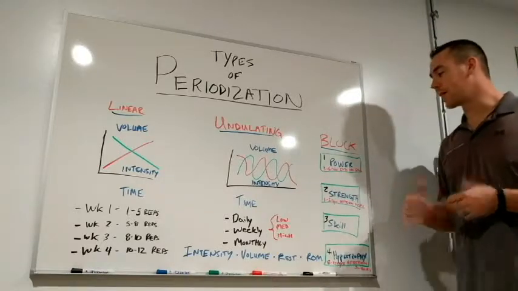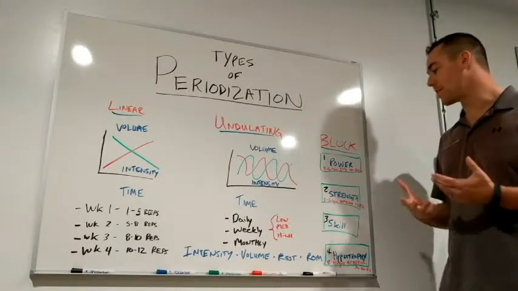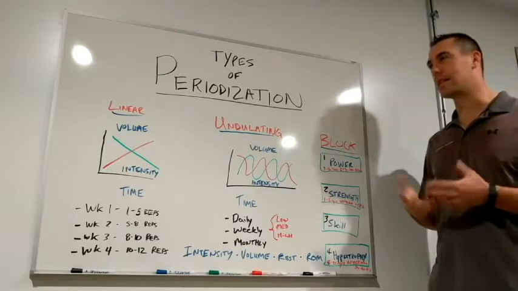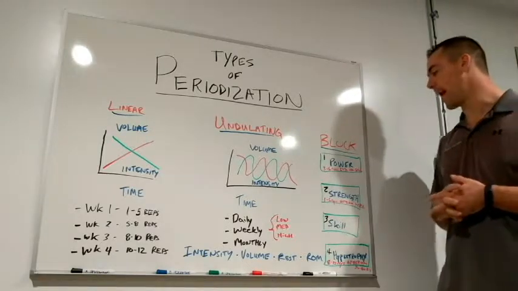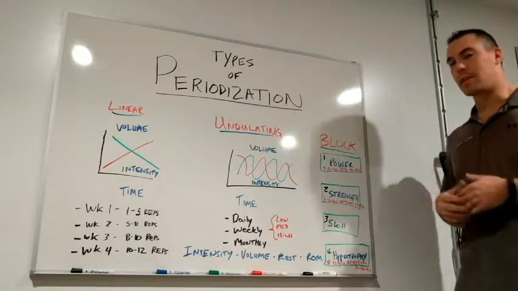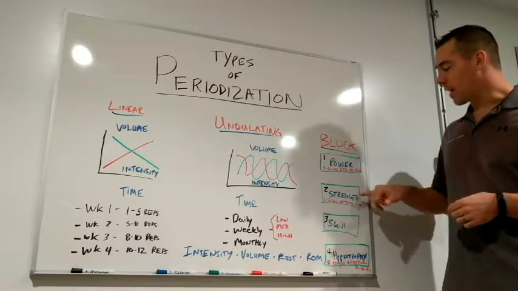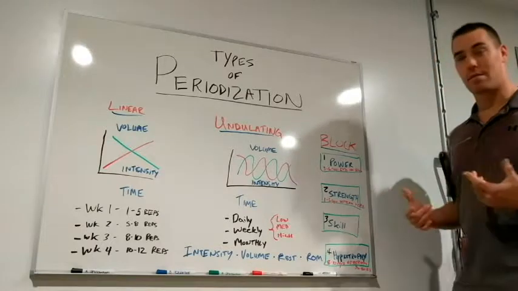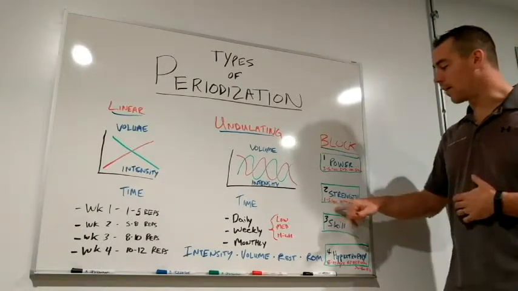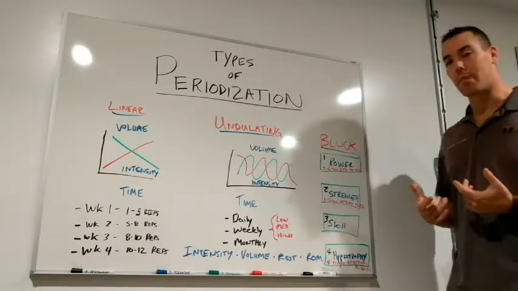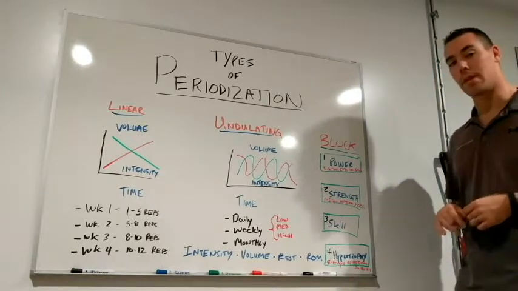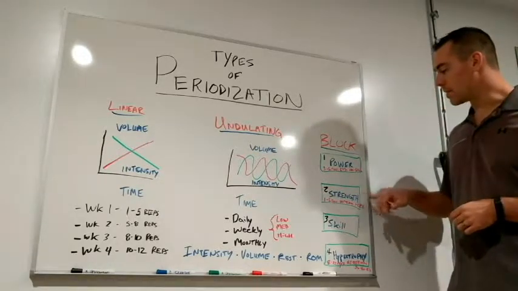Power, you want to focus on 3 to 6 reps, 50%. Usually they say 40 to 60% of your 1RM or 1 rep max, with a 60-second or shorter rest interval. So a block of strength, or focus on strength for, say, a second month: 1 to 5 reps, 85+% of 1 rep max, and 1 to 2 minutes of rest in between your sets.